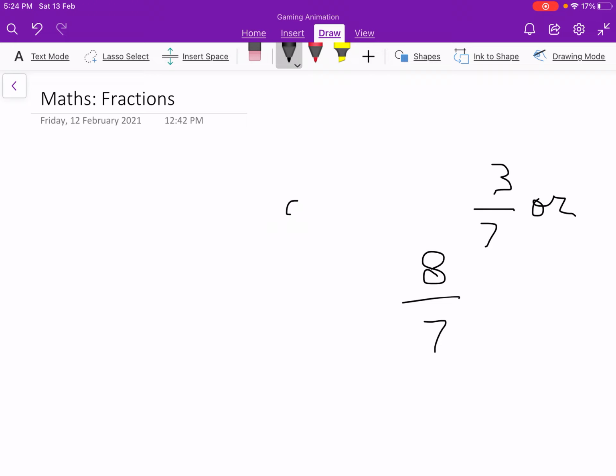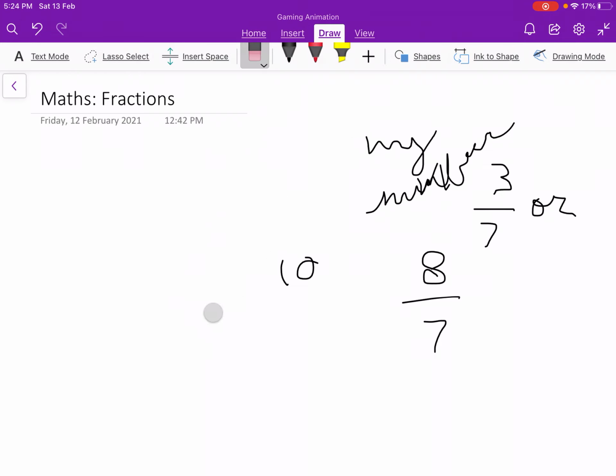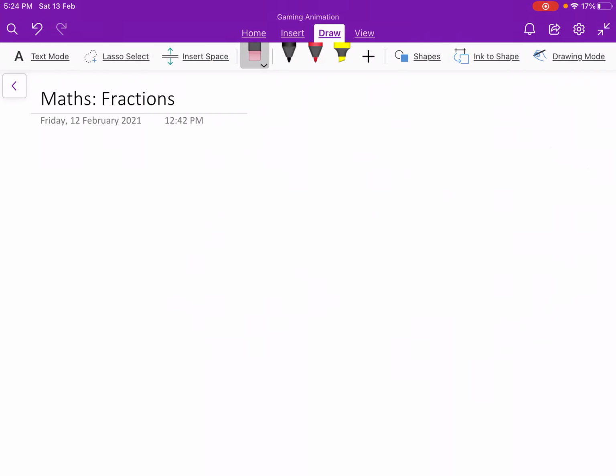Not only 7, you can do 9 by 10, 10 by 9, any number. Basically, you can do any number. Okay, so let me just erase all of this fast.